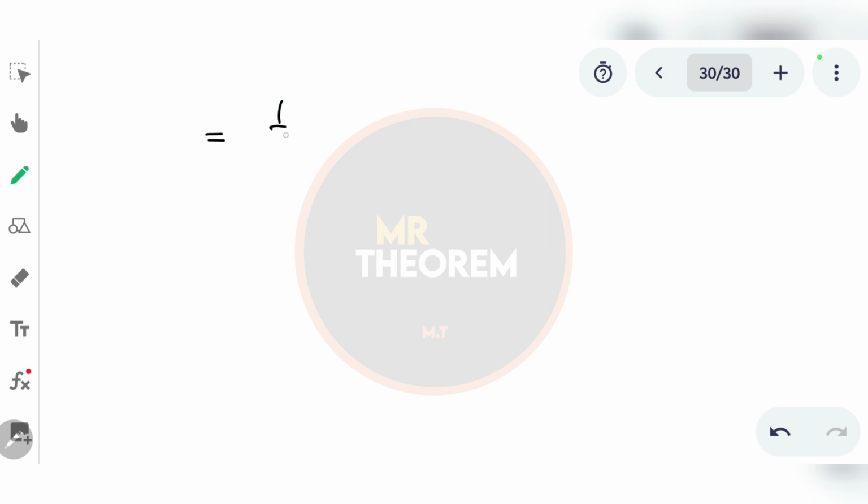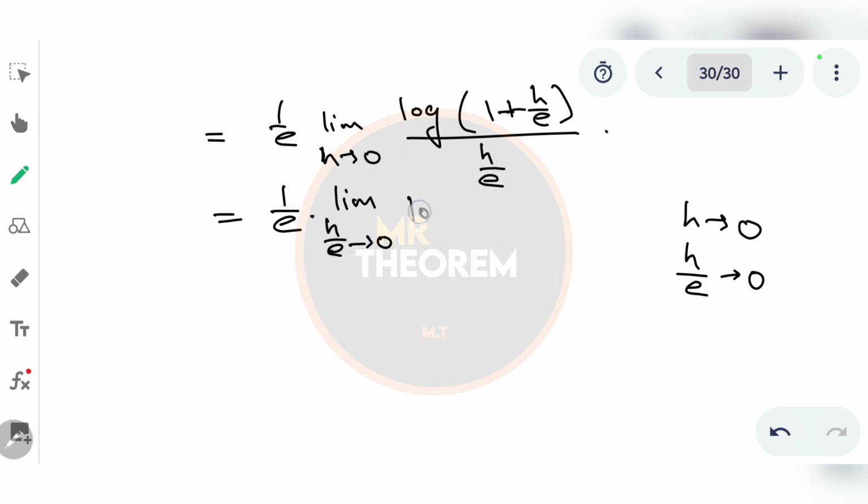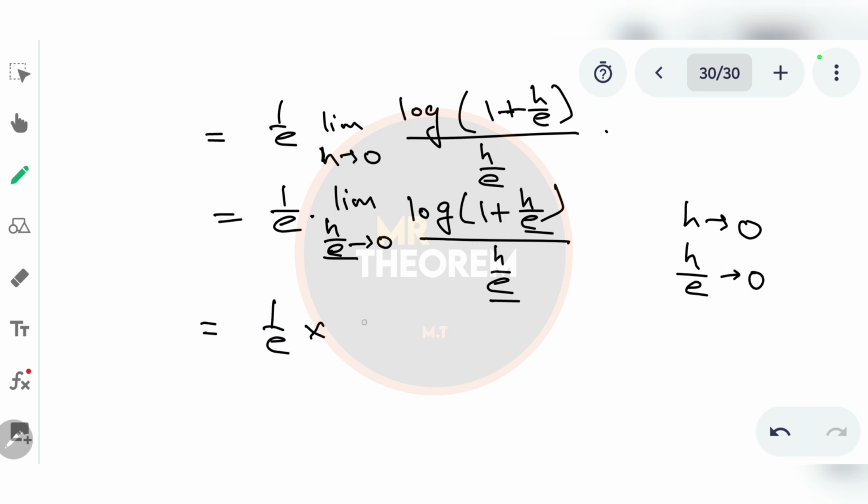So here also 1 by e will be in front of the limit: limit h tends to 0, log of 1 plus h by e divided by h by e, and here h tends to 0 obviously implies that h by e tends to 0. So it is 1 by e into limit h by e tends to 0, log of 1 plus h by e divided by h by e. So this part and this part are equal, so according to the previous formula it will be 1. So 1 by e into 1 is 1 by e.